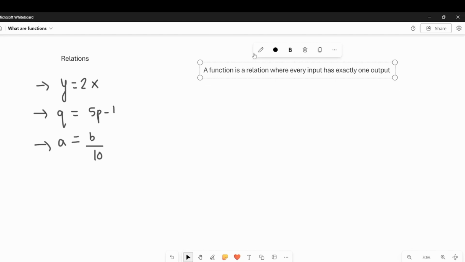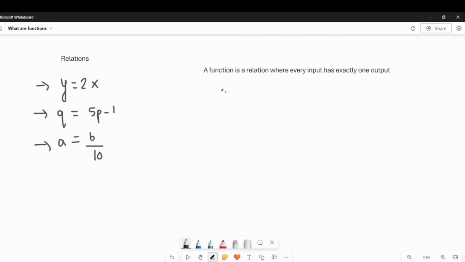The moment I say exactly, I mean that it must have only one output, not more than that. So a function is also a relation. The extra thing that we added here is that every input must have only one output.